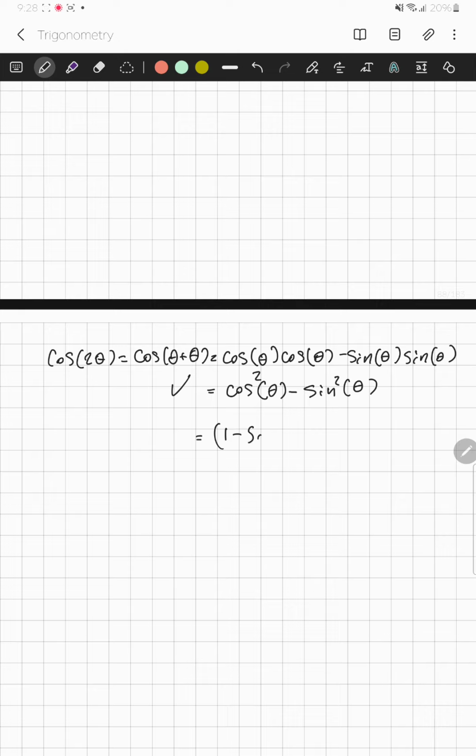We just substitute for cosine squared theta. Why? We just want sines in the equation.